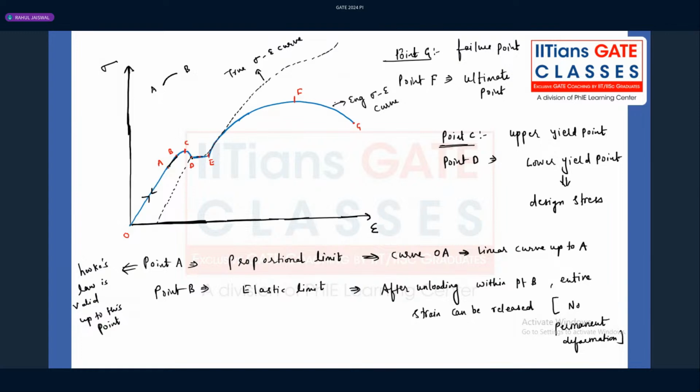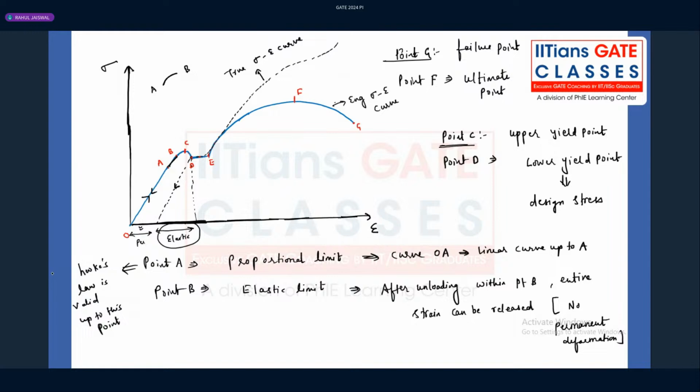And you can see that this is the elastic deformation, and this is the permanent deformation. This much of deformation is relieved, but this much will always be there in the material because you have loaded beyond the point C. That is, a permanent strain will be there in the material.